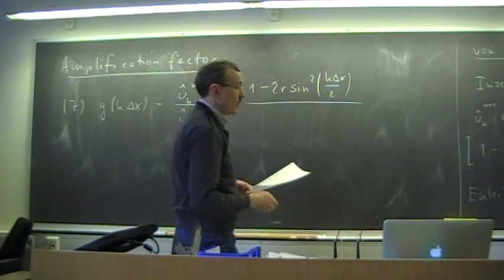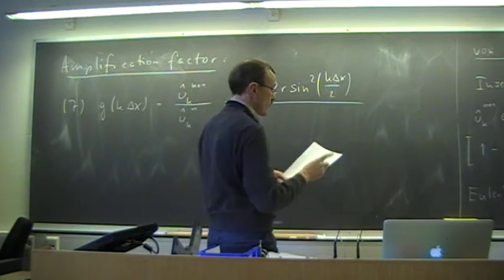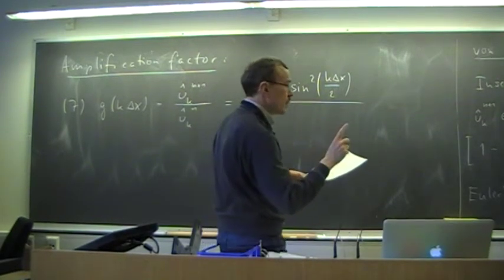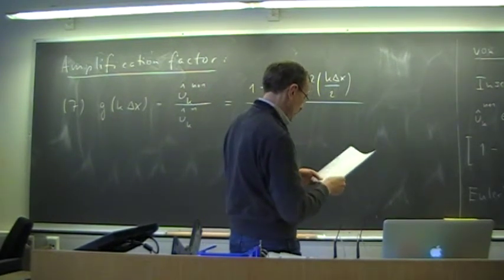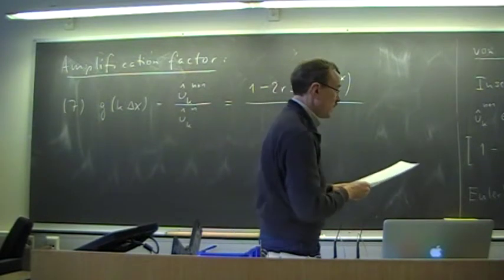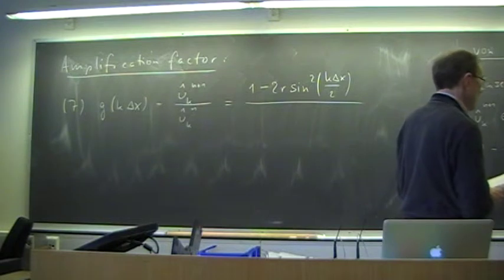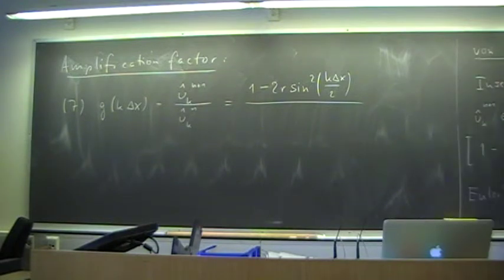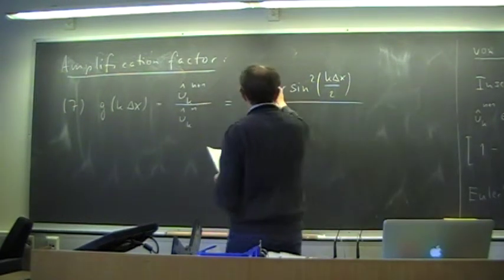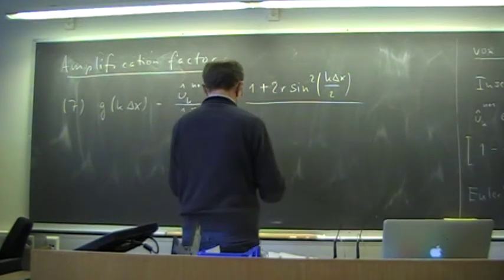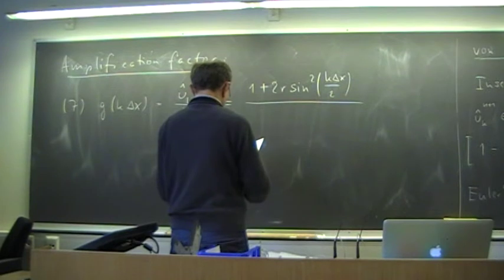And that is, sorry, that is wrong. Let's see, I have to check here. No, it must be plus, because we have this, and here we have a plus. Let's see.